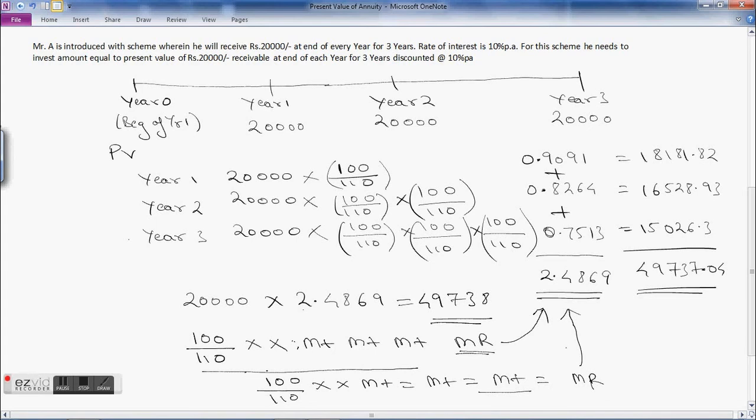So this is the way you calculate the present value of an annuity without using the formula.